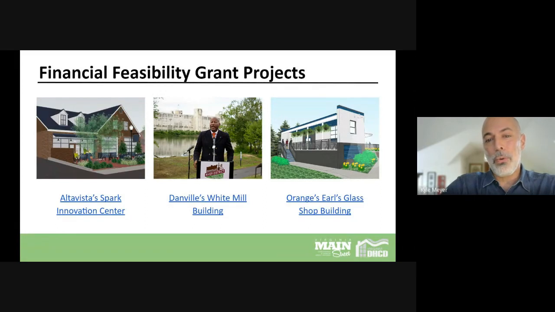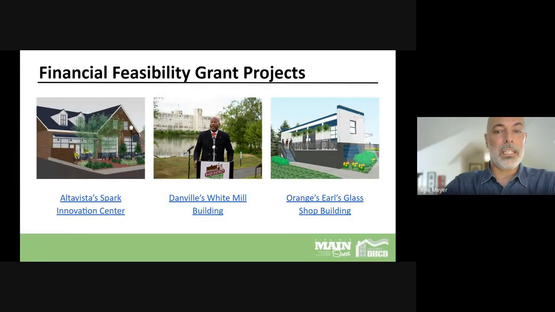So then there's also Orange's Earl's Glass Shop Building. So Love Orange, Virginia received that $25,000 financial feasibility grant to identify the highest and best use to adaptively reuse the former Earl's Glass Shop Building and former gas station in downtown Orange, and to formulate the plans that will help the property owner redevelop the property or allow the local Main Street organization to shop the rehabilitation and reuse of the building to private developers.